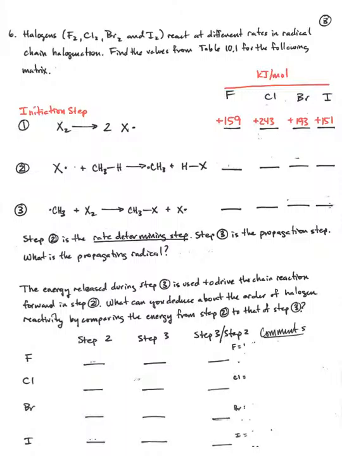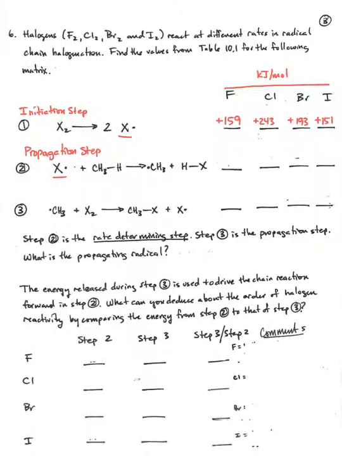So step 2 is the first propagation step. And so the halogen radical that we produced from step 1 is now coming down to step 2 to abstract a hydrogen atom from methane. And so how does that work? So we use the fish hook arrow notation.